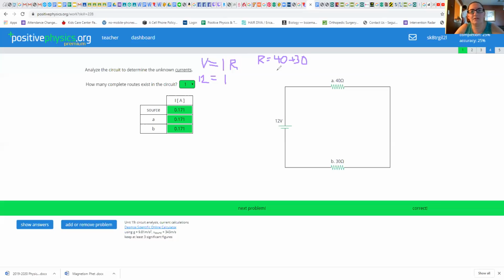So 40 plus 30 is going to be 70. So then I'm going to put in 70 here. So you divide both sides by 70. So 12 divided by 70 is 0.171.